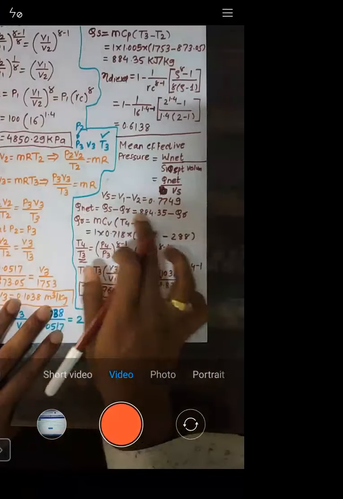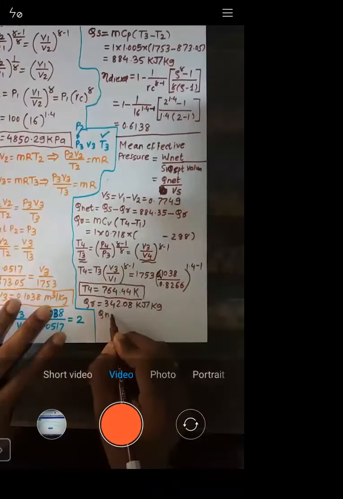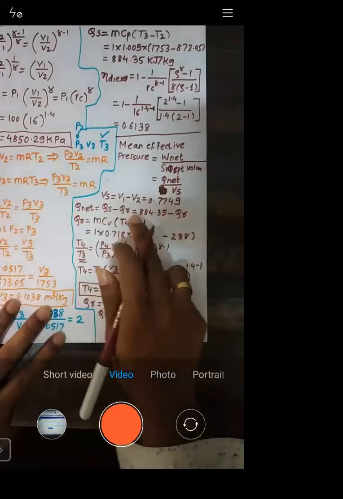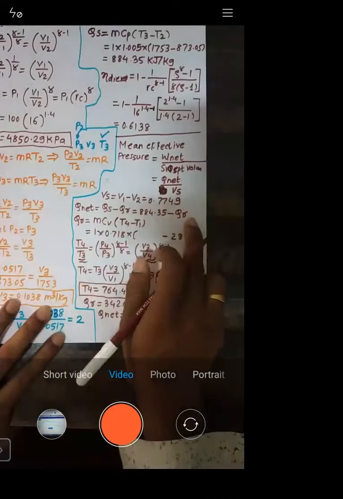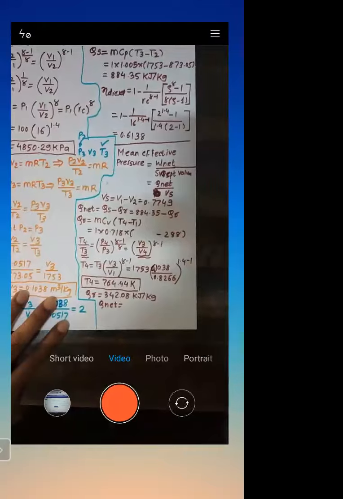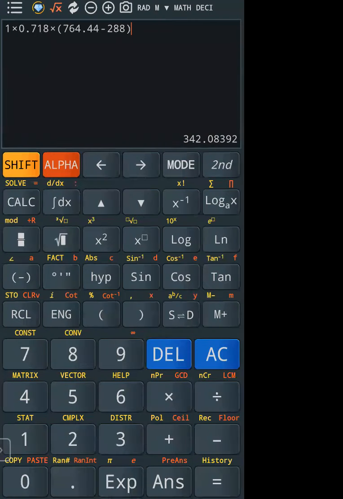Now let us calculate Qnet. Qnet is heat supplied minus heat rejected. So 884.35 minus 342.08.